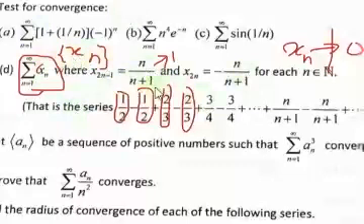Look at the limit of this subsequence. That subsequence converges to a non-zero value. That means the original sequence does not converge to 0. Therefore, this series is divergent. This one is divergent.